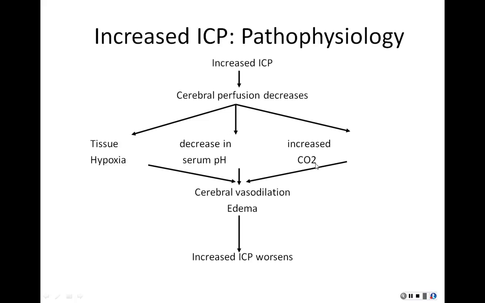When we try to increase perfusion, we get more vasodilatation, which means more edema, which means the ICP gets even worse. So it's a really bad, vicious cycle if we don't jump in, and if it can be fixed.